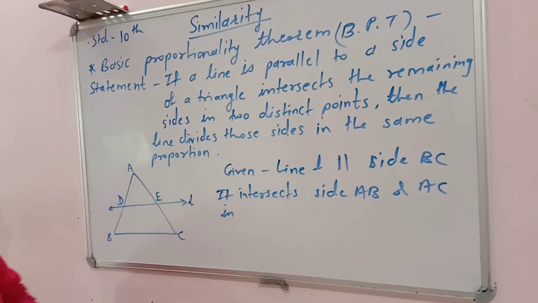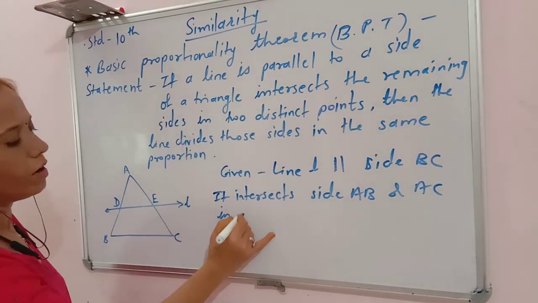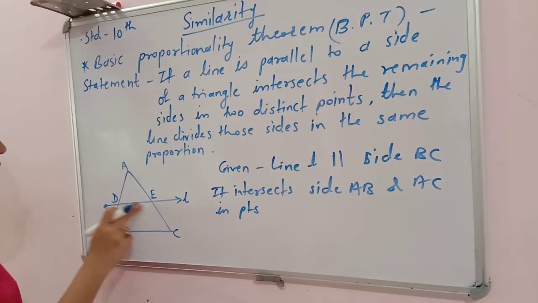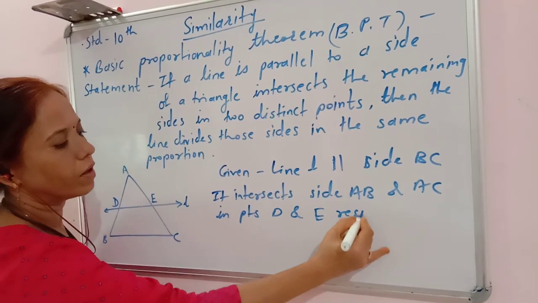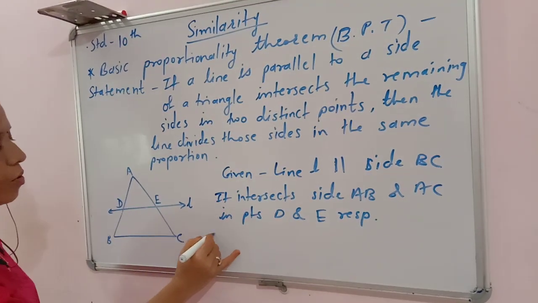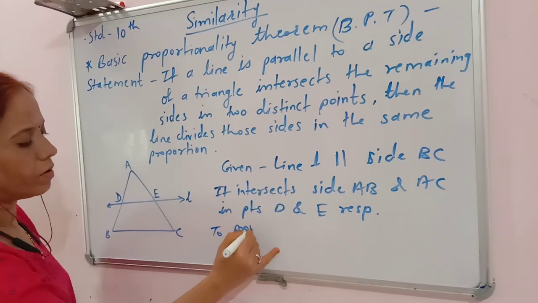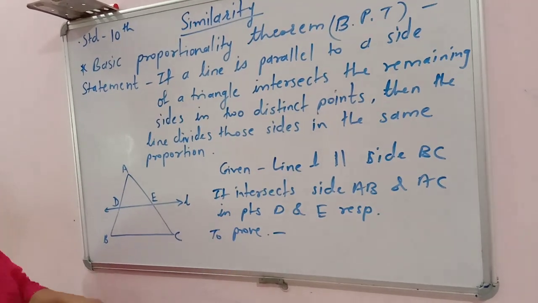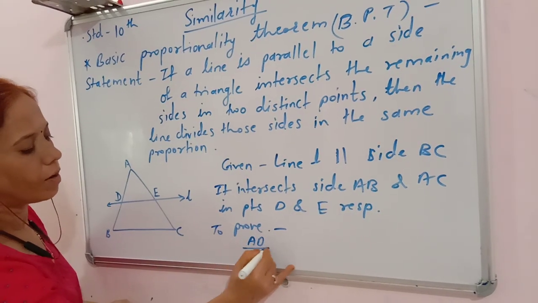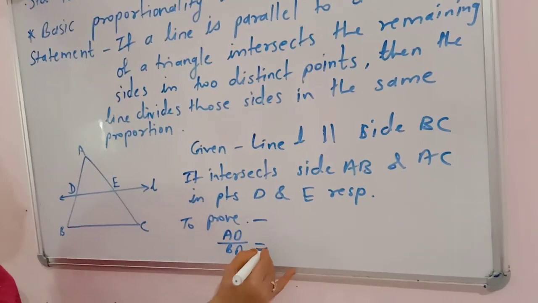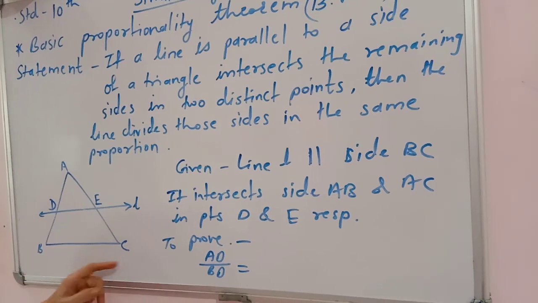Distinct means different points. In points D and E respectively. And what we have to prove? That this ratio AD upon BD is equal to AE upon EC.